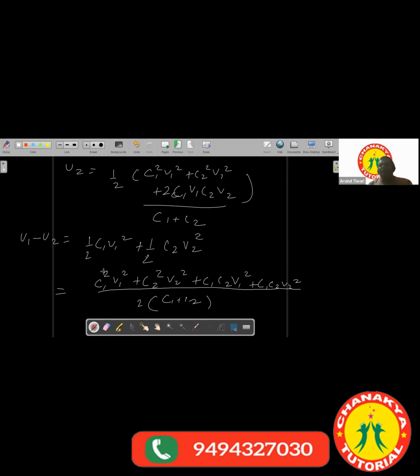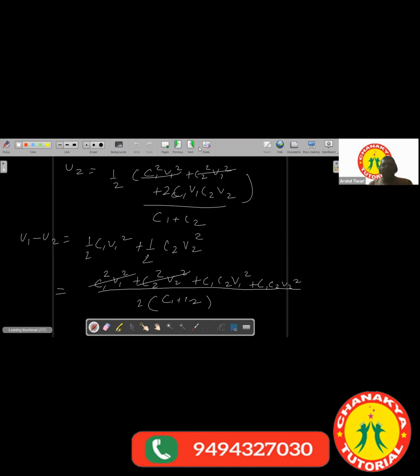If you subtract all this, you will see this cancels, this cancels, this cancels, this cancels, and you will be left with just this much of the energy. After solving it out, U1 minus U2, you will be left with C1 C2 V1 squared.